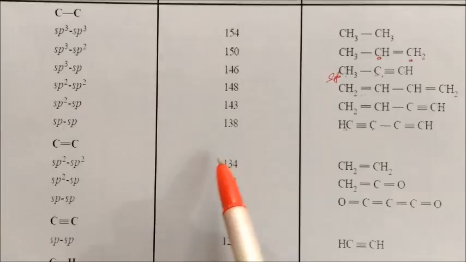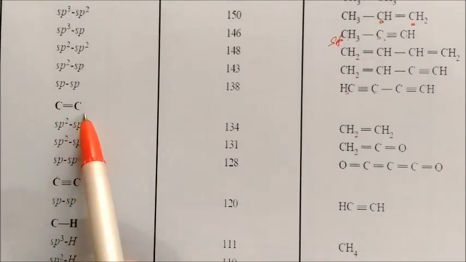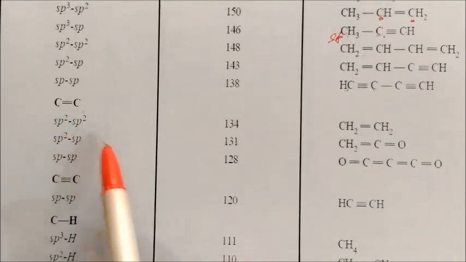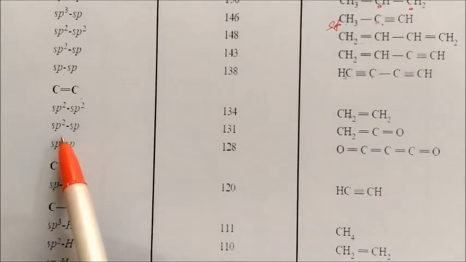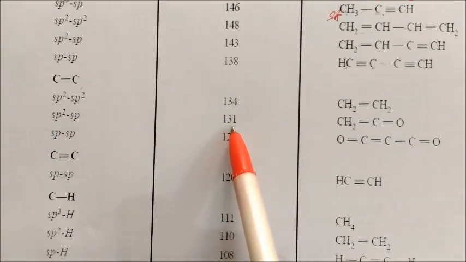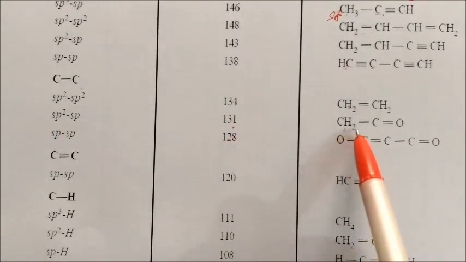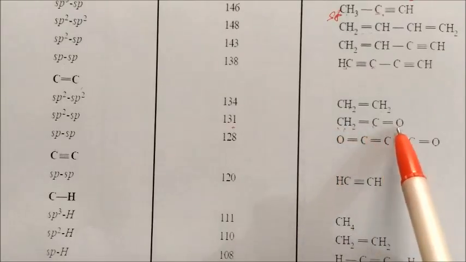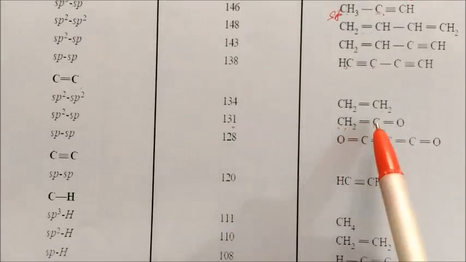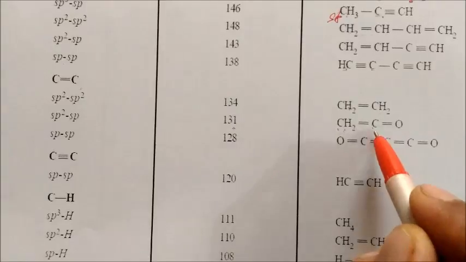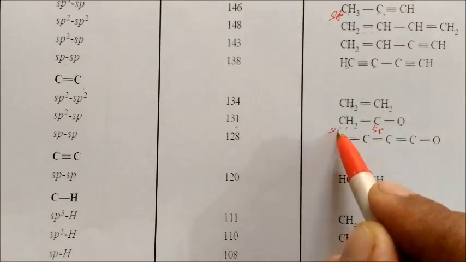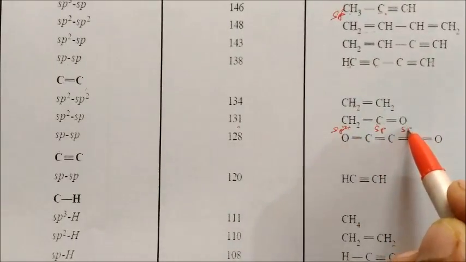You can see the bond length of the carbon-carbon double bond, sp2 sp2, and for sp2 sp, 131 picometer. This is sp2 sp2, and sp2 sp.